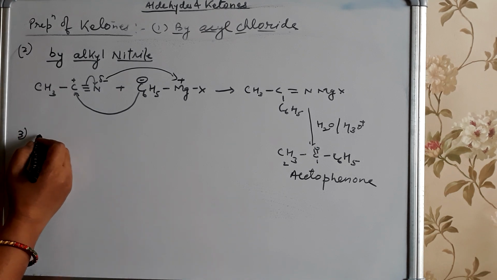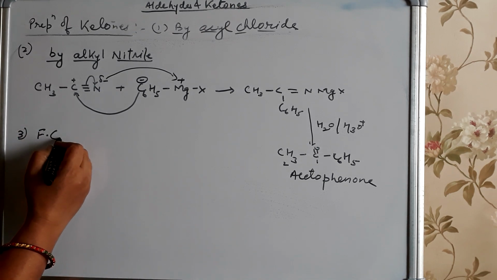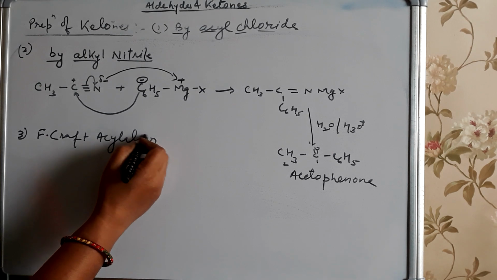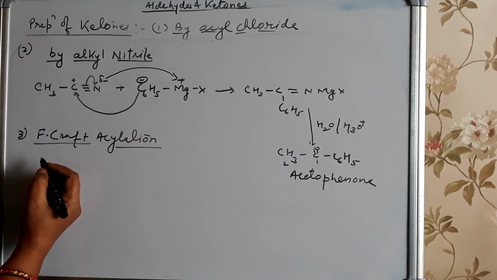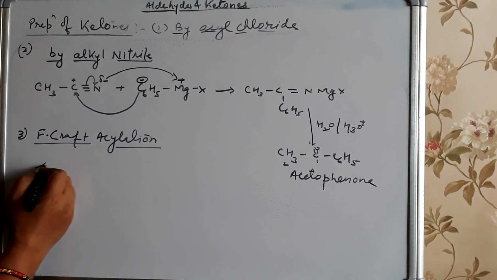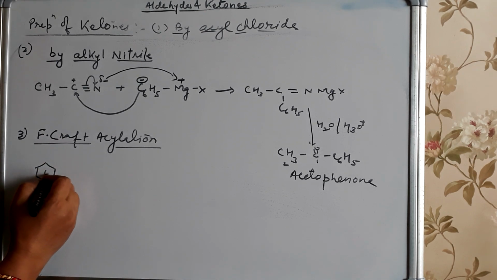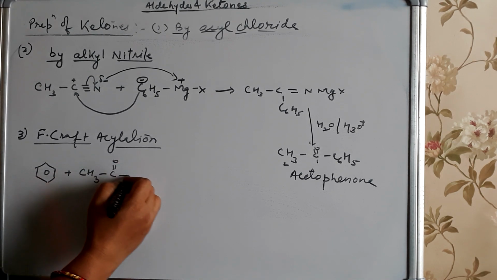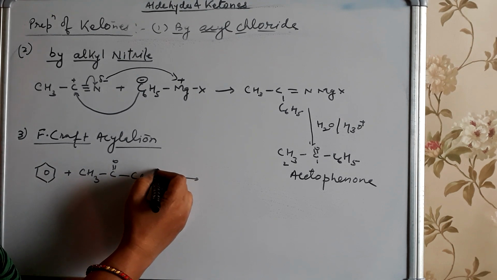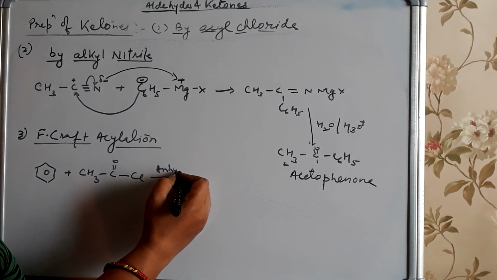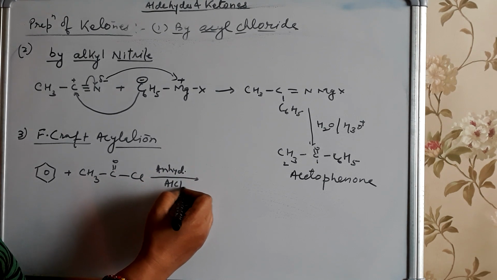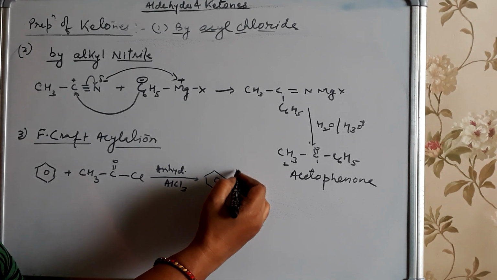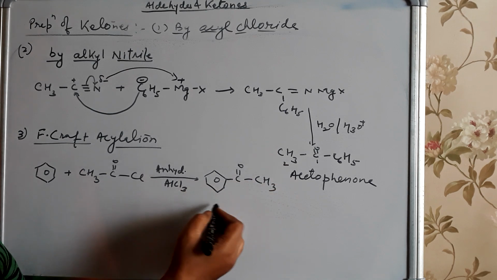Next, Friedel-Crafts reaction. By Friedel-Crafts acylation, we can also prepare ketone. Simply, we know that when benzene reacts with acyl chloride in the presence of Lewis acid, anhydrous AlCl3, formation of acetophenone takes place.